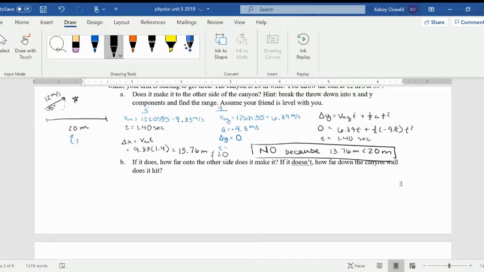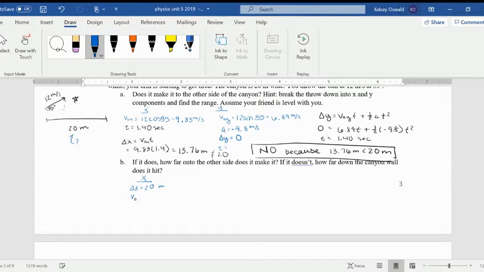And then for B, what we want to find is, since it does not make it, how far down the canyon wall does it hit? So here, we know it's making that full 20 meters, looking horizontally. And we want to see when it travels that full 20 meters, what's its vertical position?